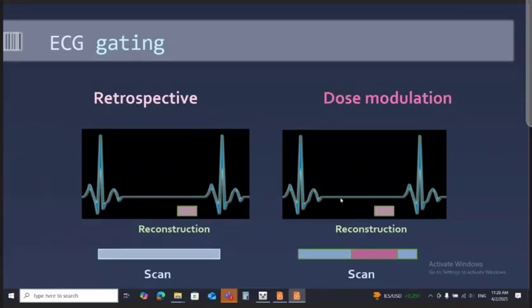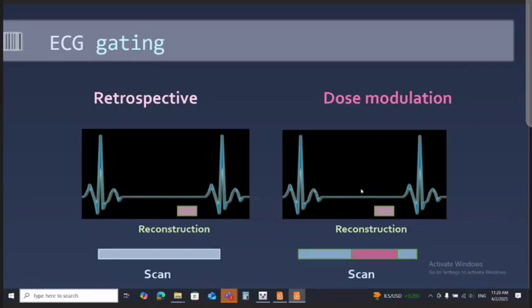This includes the mid and late systoles and the mid and late diastole. While outside the 40% and 80% of the cardiac cycle, the dose was significantly reduced.